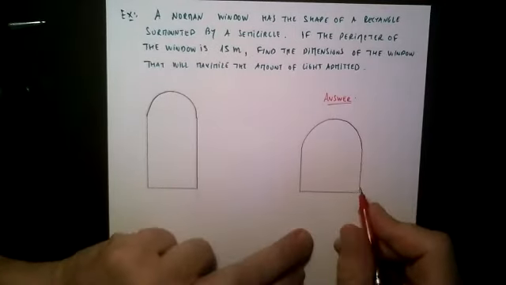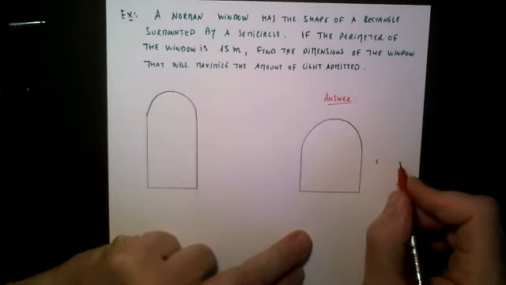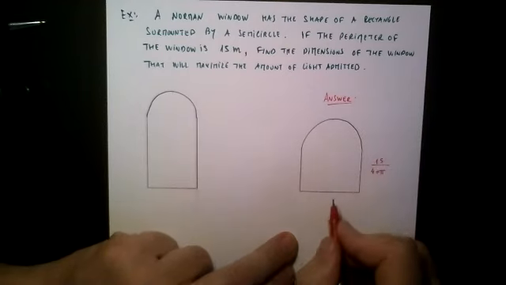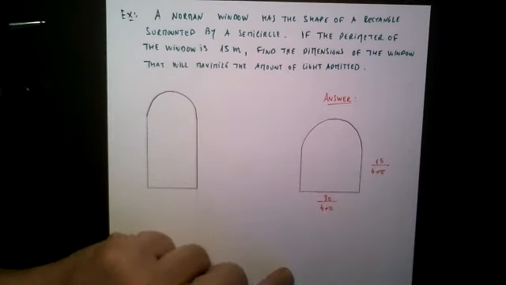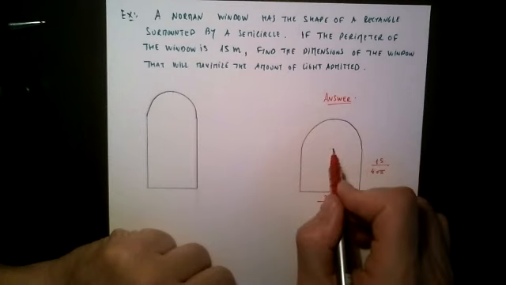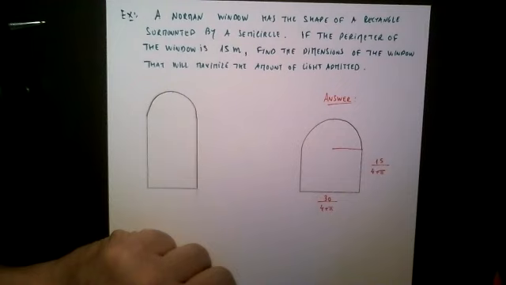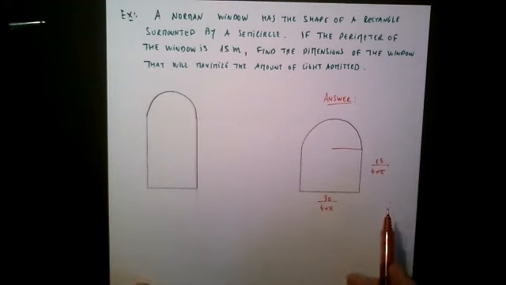Right, so this will be 15 over 4 plus pi, and this here will be 30 over 4 plus pi. Obviously you also need the radius of this semicircle, which is of course going to be half of this. So these are the dimensions of the window that lets the maximum light in, or has the biggest area.